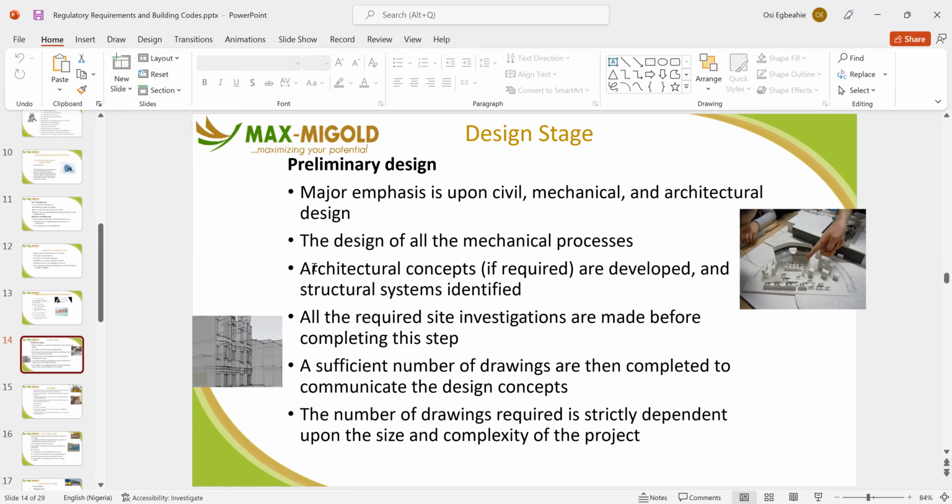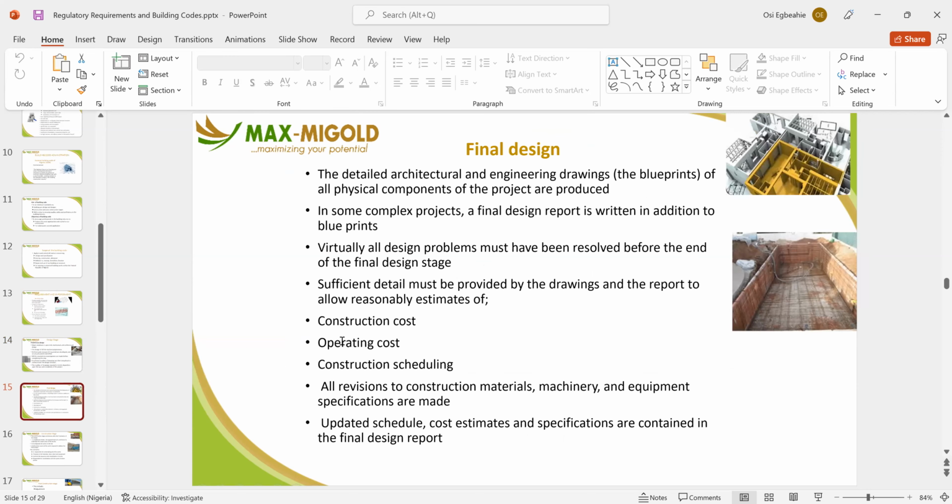All the required site investigations are made before completion of the design. A sufficient number of drawings are then completed to communicate the design concept. The number of drawings required is strictly dependent upon the size and complexity of the project.